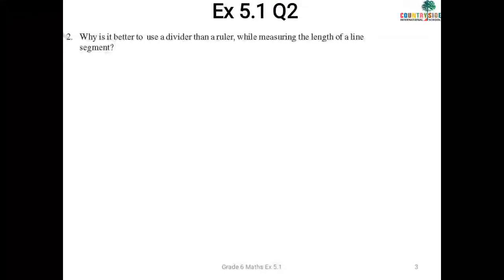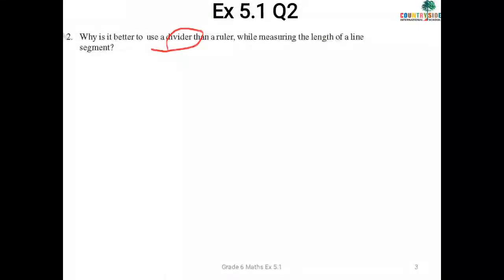Read the question. Why is it better to use a divider than a ruler while measuring the length of a line segment? The question means why we should use a divider in place of a ruler. As you all know, rulers are of different types.